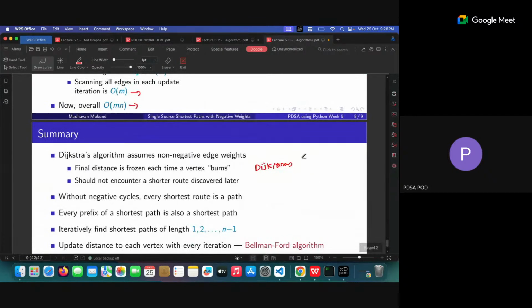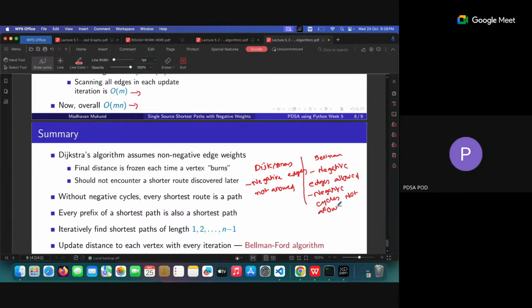So the difference between Dijkstra's and Bellman-Ford is, Dijkstra's doesn't work for negative edges. Negative edges are not allowed, so negative cycles are not possible. Here, in Bellman-Ford, negative edges are allowed, but negative cycles are not allowed.